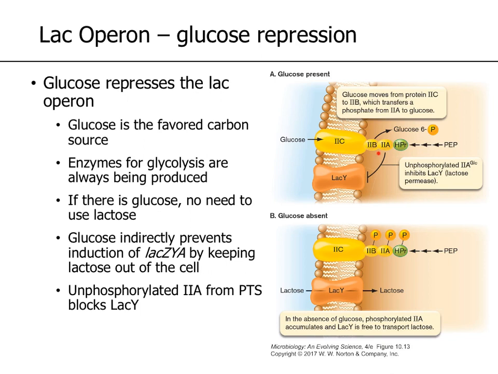And so the unphosphorylated form of this 2A component actually inhibits LAC-Y. So that actually prevents lactose from getting in the cell. Even if it's out there, the cell doesn't need it at that point. But when the cell's out of glucose, or there's no glucose waiting to come into the cell, then all of these will remain phosphorylated, and so it won't block LAC-Y anymore, and then lactose will come in.